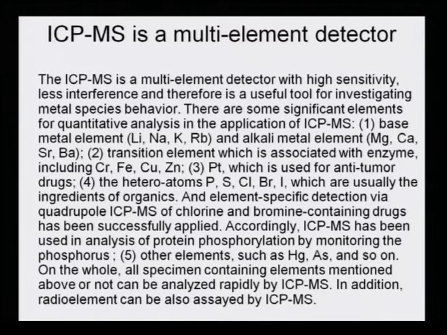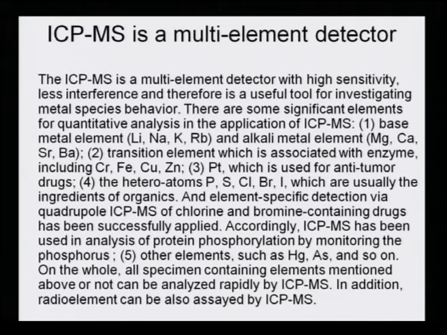There are some significant elements for quantitative analysis in the application of ICP-MS. The first is basic metal elements like lithium, sodium, potassium, rubidium and alkaline earth metal elements such as magnesium, calcium, strontium, barium. Then the second class is transition elements, which are associated with enzymes, including chromium, iron, copper, zinc.